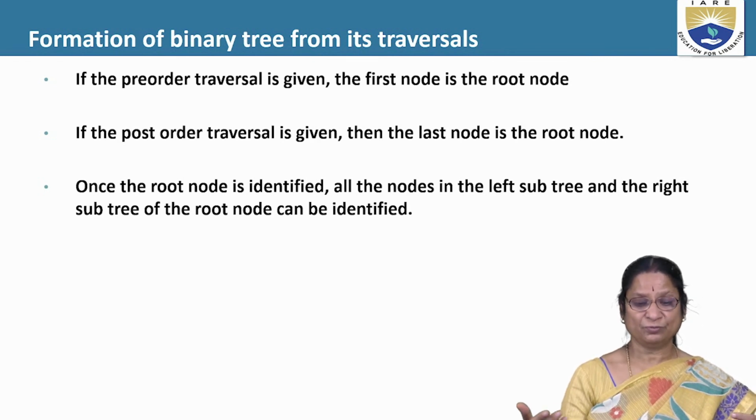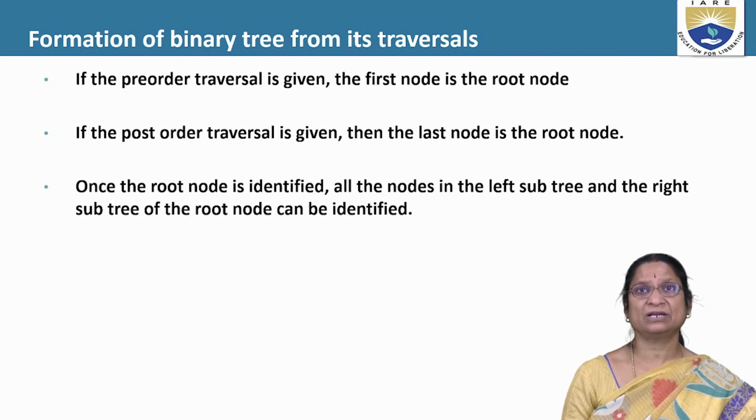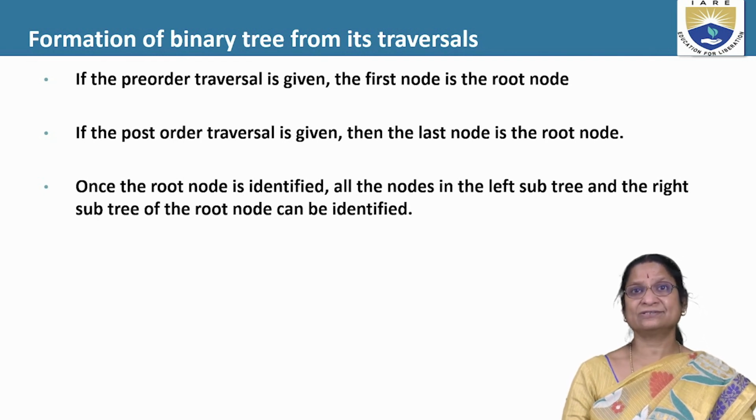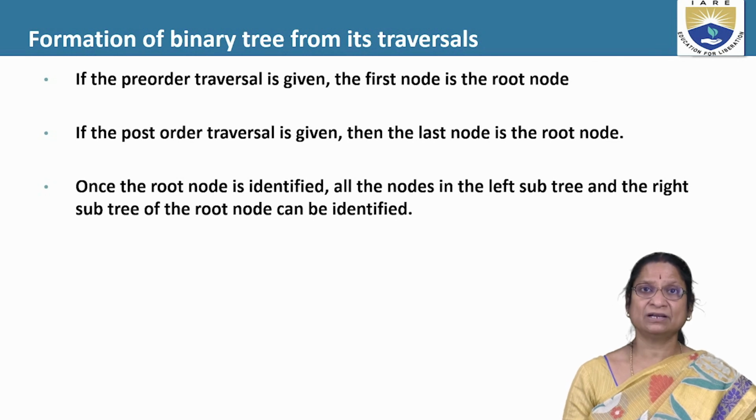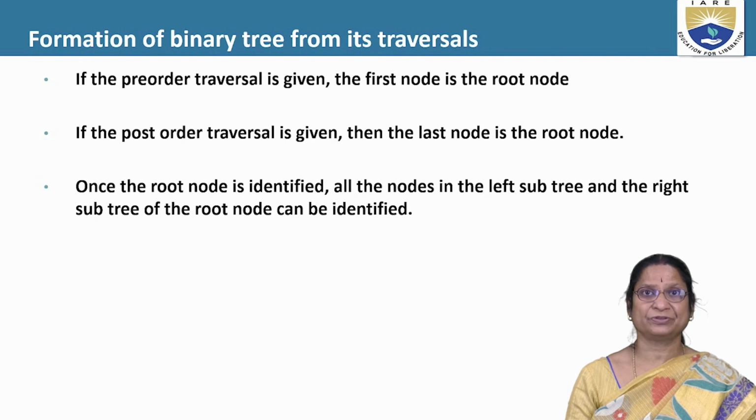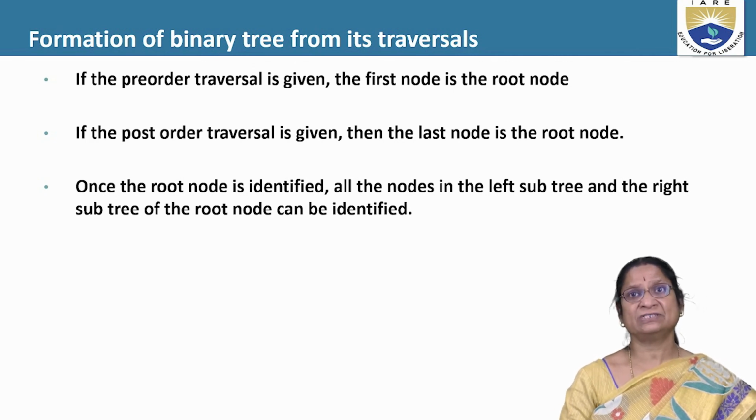We can also construct a binary tree if we are aware of the pre-order, post-order and in-order traversals. Among these three traversal techniques, if you are aware of any two, we can construct a binary tree. But remember that in-order traversal is a must. If you have in-order traversal along with pre-order or post-order traversal, we can construct a binary tree, because pre-order or post-order gives the position of the root.